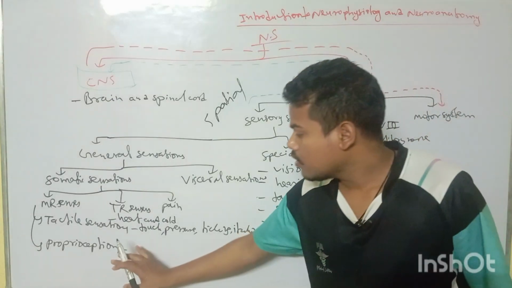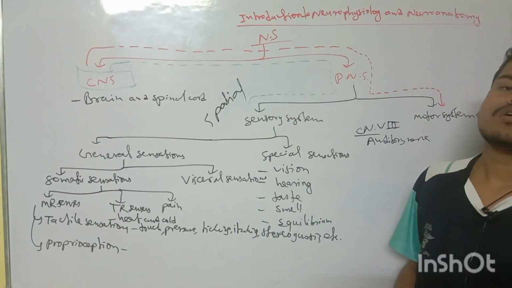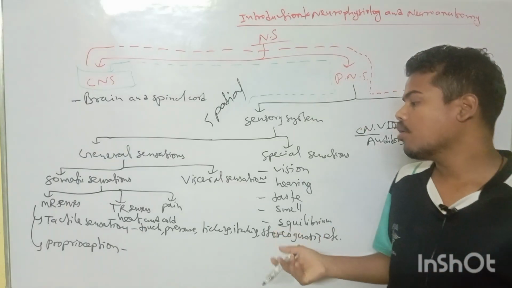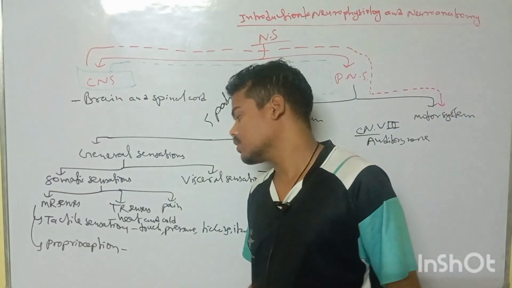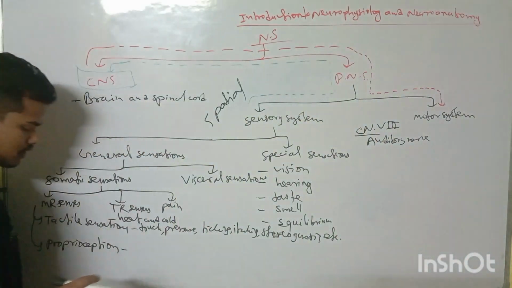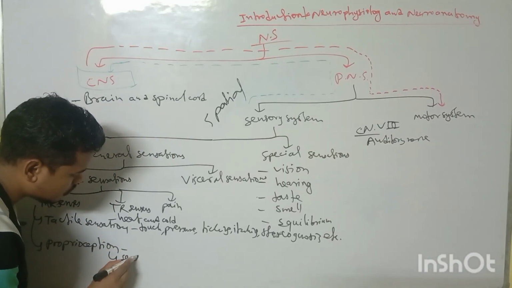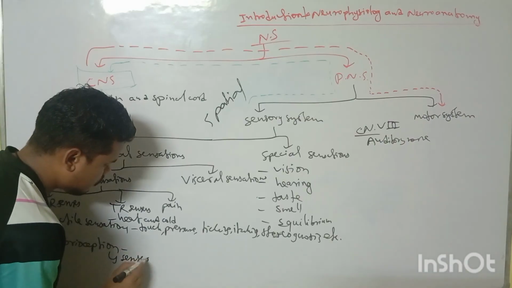So sensation from the locomotory system or musculoskeletal system will be the proprioceptions. This will again include the sense of position.